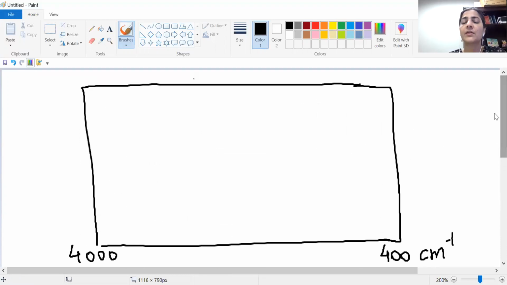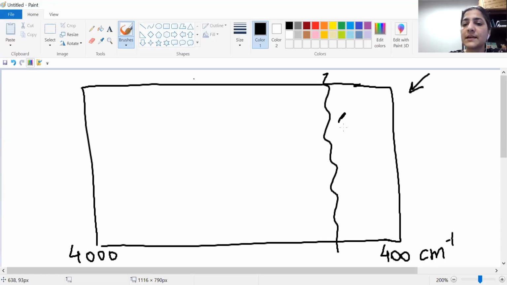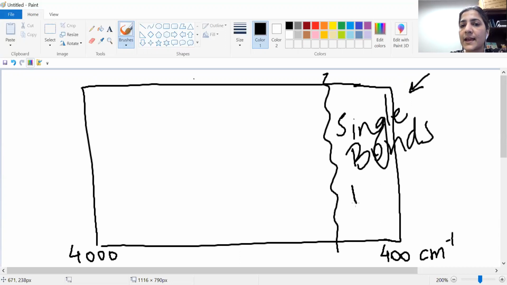In general, when we look at IR spectra, towards the right-hand corner, you have all the single bonds, all the single bonds except the ones with hydrogens.